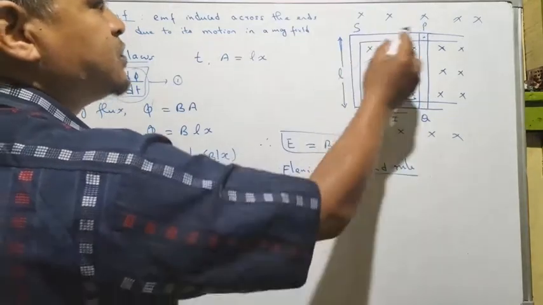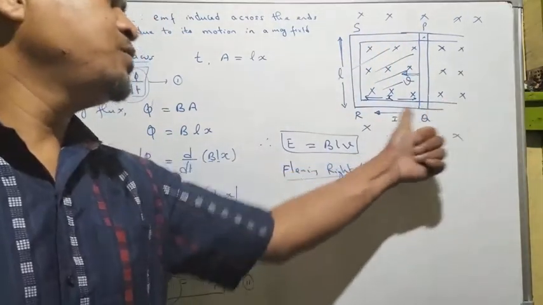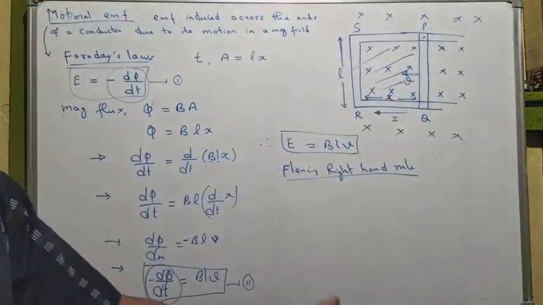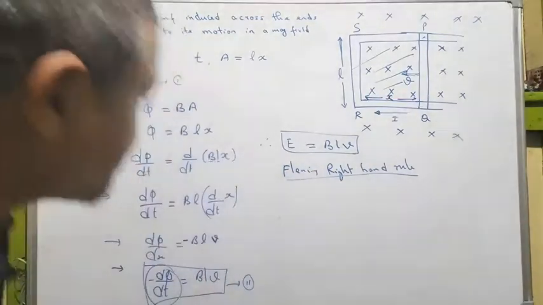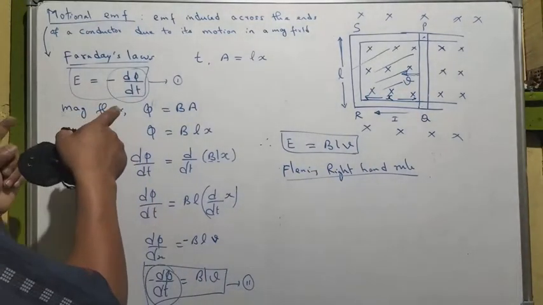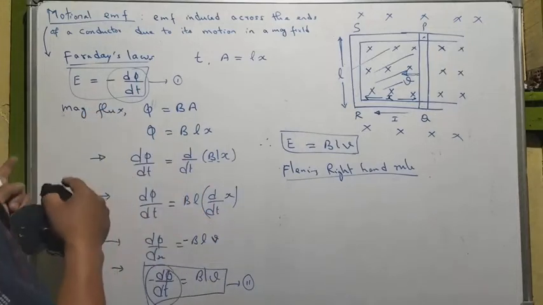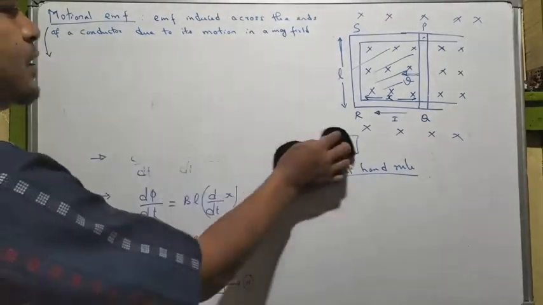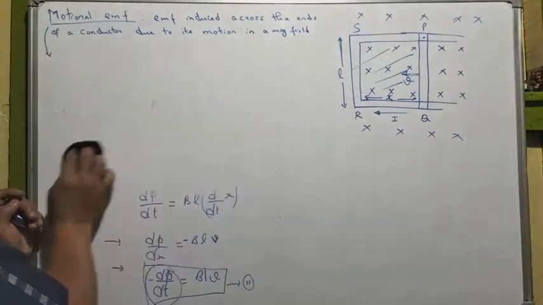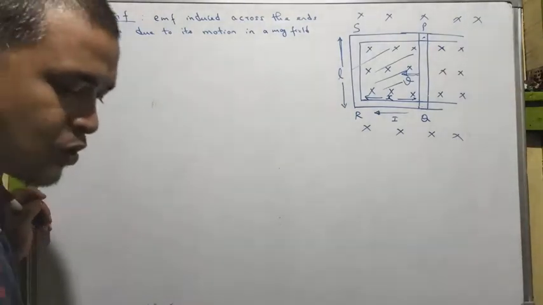So this is the direction of current which is passing through the loop PQRS when this conductor PQ is moving in a region of uniform magnetic field. This is the derivation of the motional EMF from Faraday's law. Now let me obtain the same EMF by using the concept of Lenz's law.